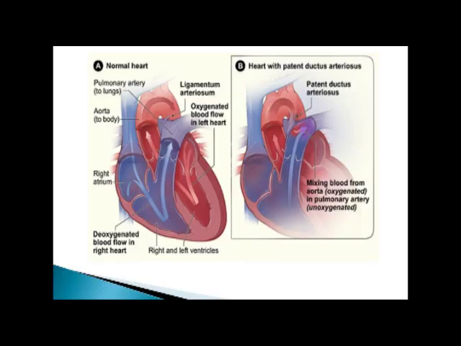And so, there's different ways to take care of this, but again, your chart in Wong really talks about this. This can be closed probably interventionally through a cardiac cath. The next slide just basically shows you what a heart with a patent ductus arteriosus looks like versus what a normal heart looks like.